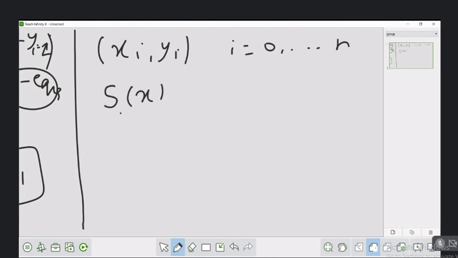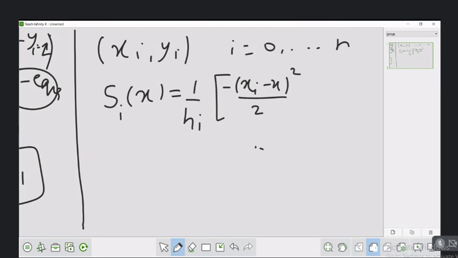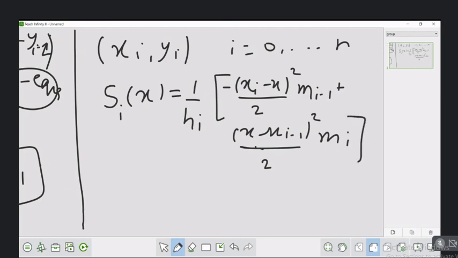To find the spline of second degree, you just need to calculate this, plus ci.